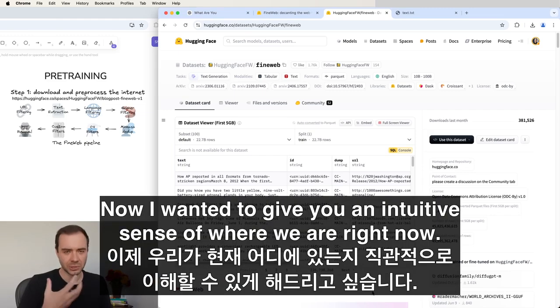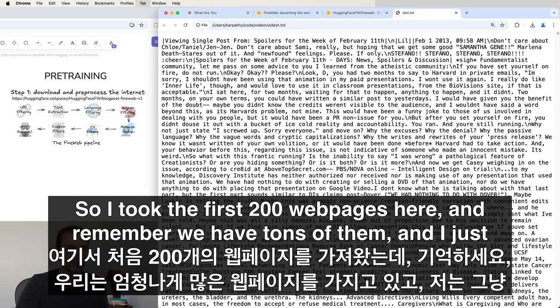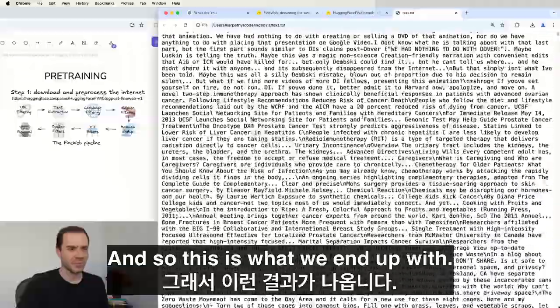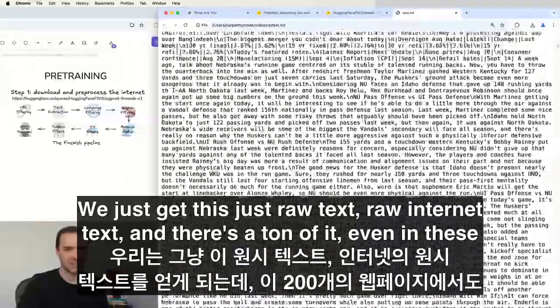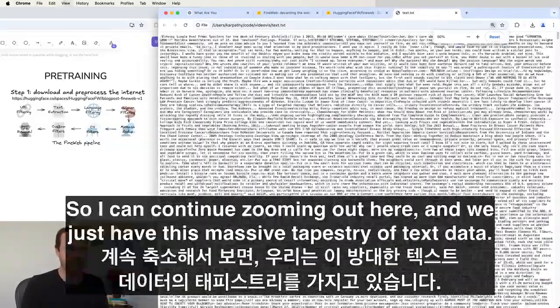Now, I wanted to give you an intuitive sense of where we are right now. So I took the first 200 web pages here, and remember we have tons of them, and I just take all that text and I just put it all together, concatenate it. And so this is what we end up with. We just get this raw text, raw internet text. And there's a ton of it, even in these 200 web pages. So I can continue zooming out here.